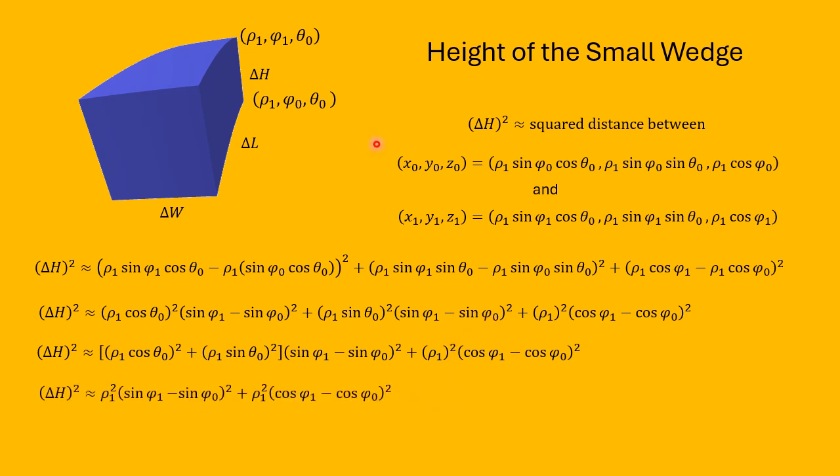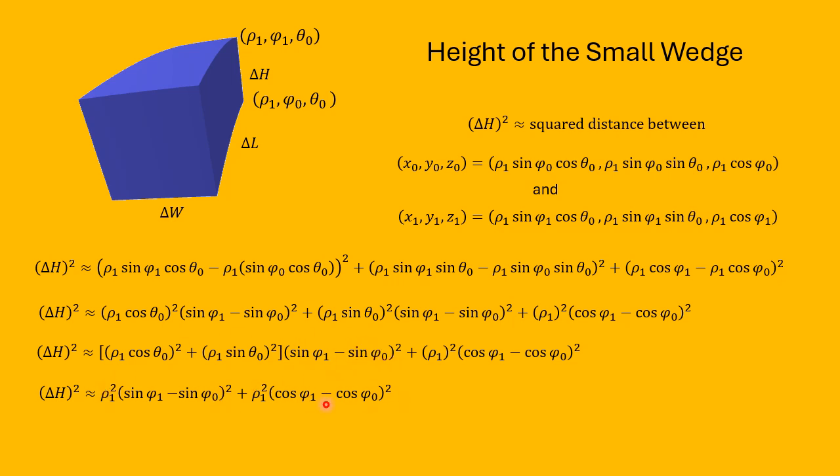So now what can we do? We notice that here we have rho 1 squared times cosine squared theta naught plus sine squared theta naught. So that stuff right here just simplifies to rho 1 squared, and then we have this second factor.